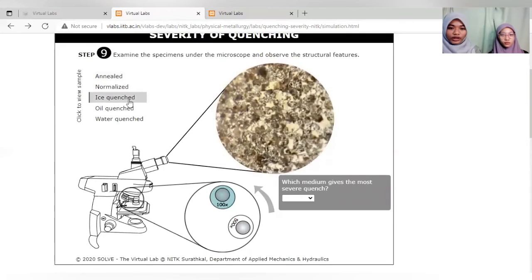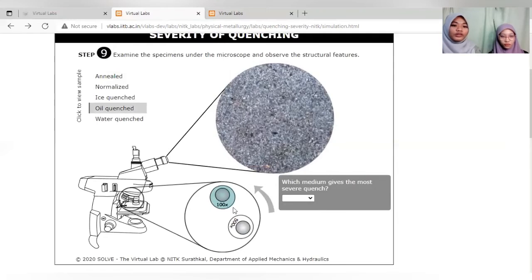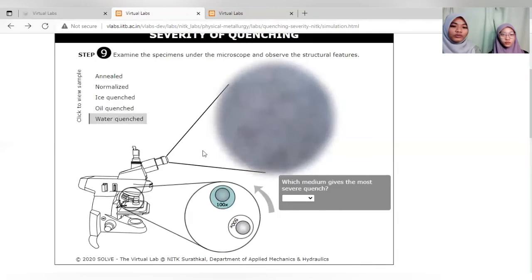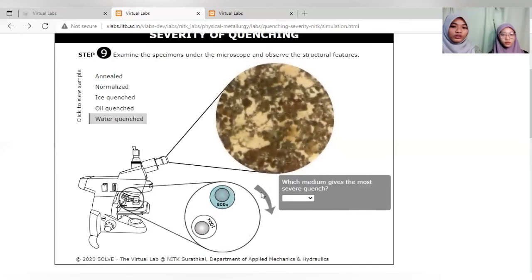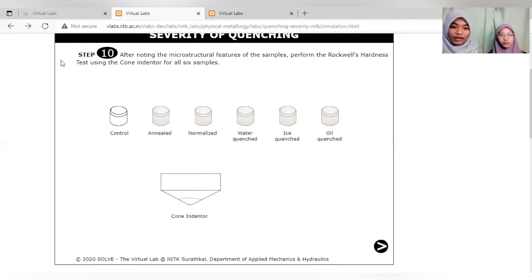And this is for ice quenched. This is for oil quenched. And the last one is water quenched. As you can see, the structure. So which medium gives the most severe quench? This is ice brine.